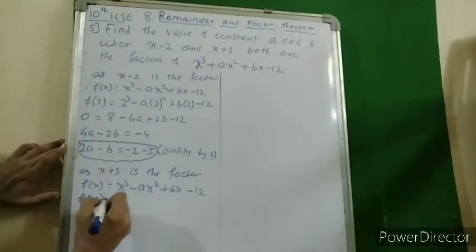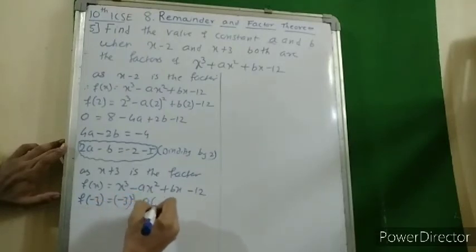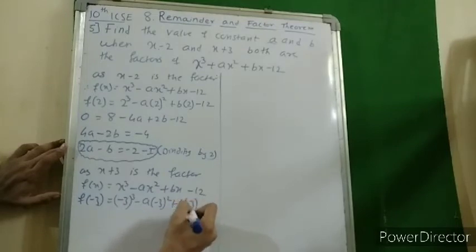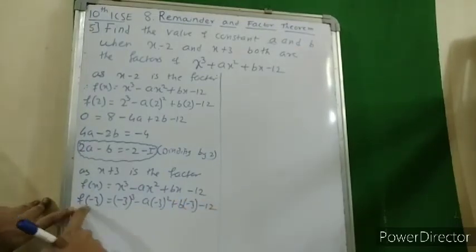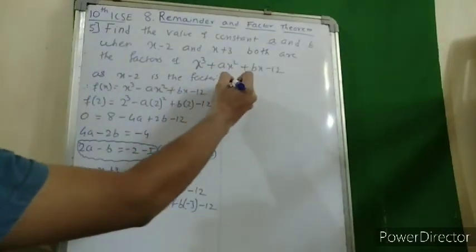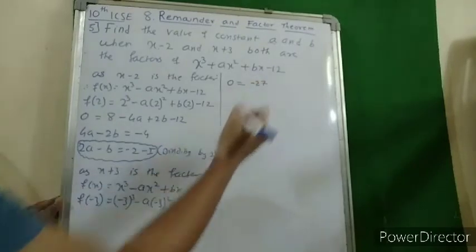So it is minus 3 cube minus a into minus 3 square plus b into minus 3 minus 12. As it is a factor, we will substitute 0 in place of function of minus 3. It is 0. Minus 3 cube is minus 27.